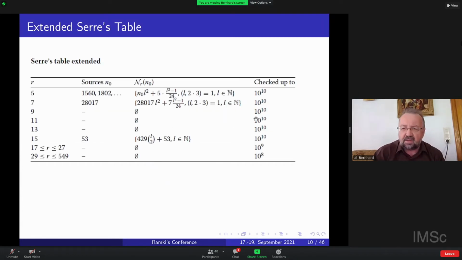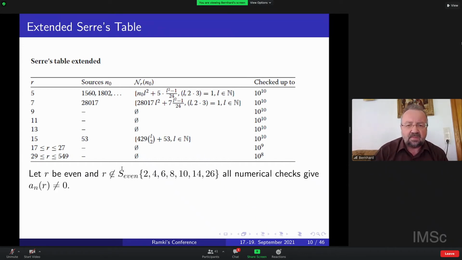And we calculated this to the power of 10 to the 10 here, and there's no new source appearing, and we have done this even up to 549. So it's like the Lehmer conjecture. It looks like the Lehmer conjecture for odd powers. And in the even case, we also checked to a very high power.